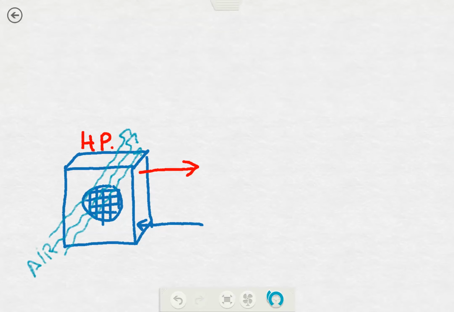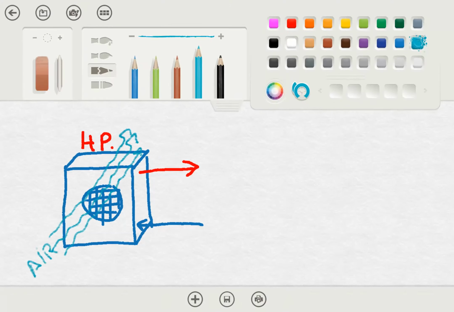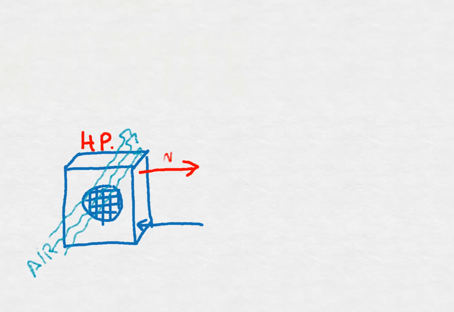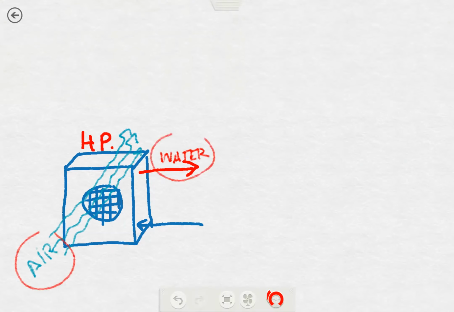But on the other side, we have water. So through these pipes, we have water. Okay, so that's why we have the air to water heat pump, because this is outdoors, it's in contact with air, and it heats up or cools down, but it works with water.